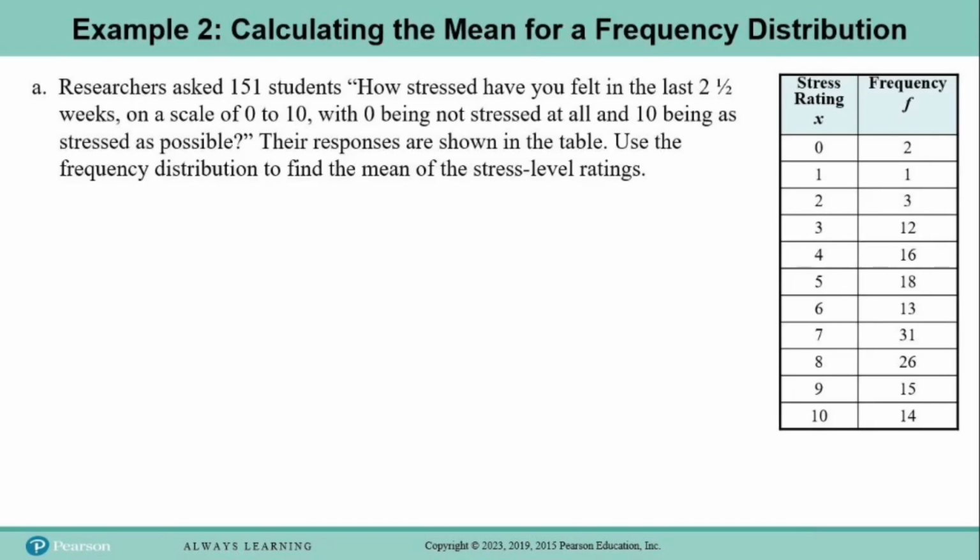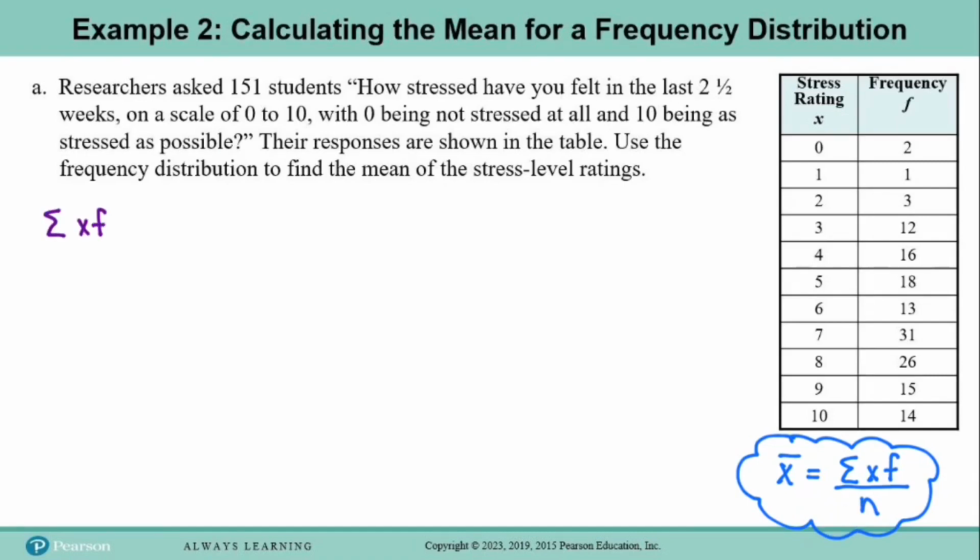Just to give us a little extra practice with the formula, I'm going to go ahead and use the formula here. Now I've written it down here in the bottom right so that we can look at it. And remember that it says that we want to find the sum of every x times f. And once we've found the sum, we want to divide by n.